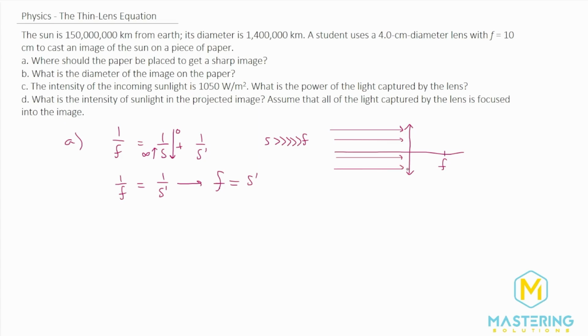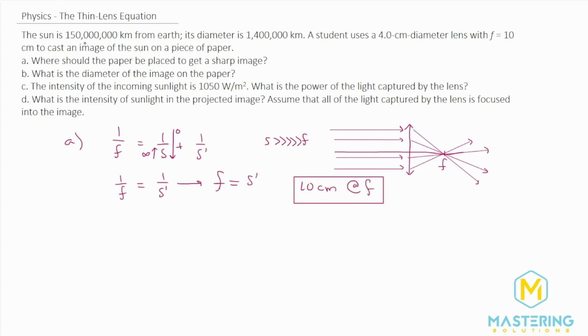And so as these parallel light rays come in, that is collimated light. Collimated or parallel light rays focus at the focal length, right? So they're going to focus right here. They'll all cross right through that focal point there. So this is the conceptual way to think about that. To get the clearest image with these parallel light rays, put it right at the focal length. So the answer for part A is going to be 10 centimeters, or at the focal length.